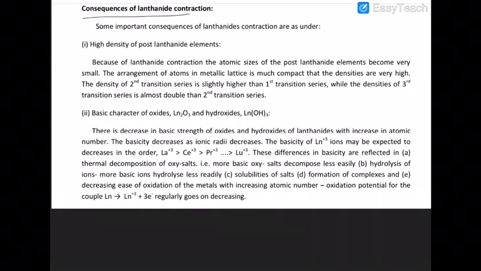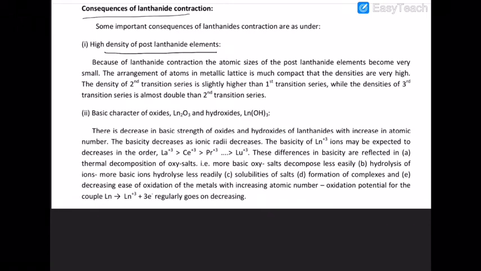Some important consequences: high density of the post-lanthanide elements. Pre-lanthanide and post-lanthanide elements have the same size. It is very important that before lanthanum it comes out to be the second transition series, and after lanthanum there will be the third transition series.